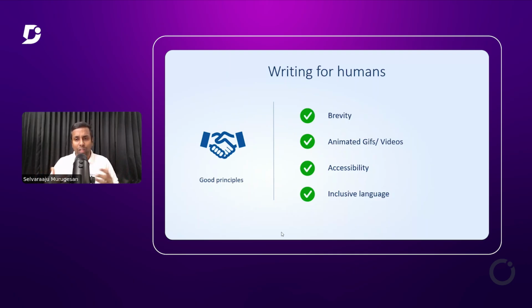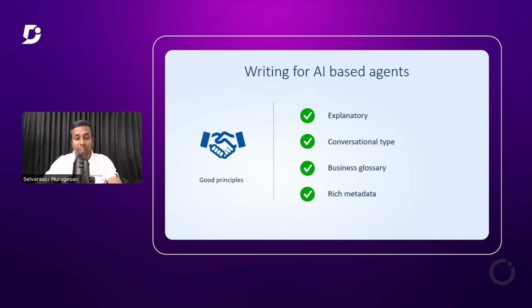That's why we produce animated GIFs and images, and you probably know the proverb: a picture is worth a thousand words. As tech creators, we always love to have a screenshot or explain a process in an animated GIF, which is very intuitive for humans to consume the information on your documentation site. And obviously, we write using inclusive language. Accessibility is key for appealing to everybody coming to your documentation site.